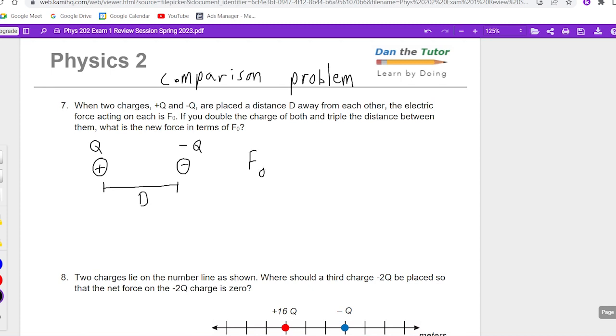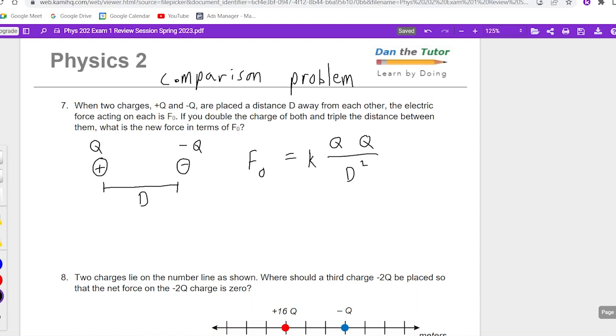Now, I know the equation in terms of my most basic variables is k Q Q, and I know it's negative Q, but remember, absolute value. So I know it's k Q Q over the distance d squared. I'm writing everything in terms of my variables. That's exactly what I want to do here.